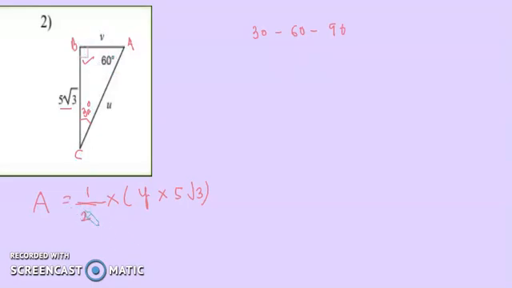Now here we know everything except V. So we are required to find V now. So how to find V? Let us again come to triangle ABC.